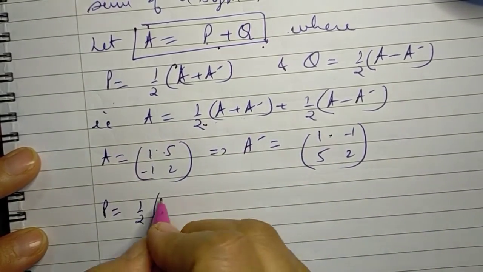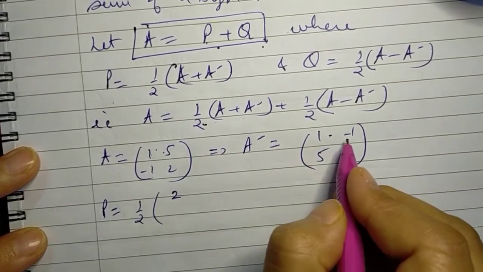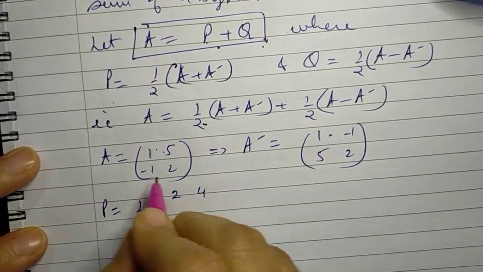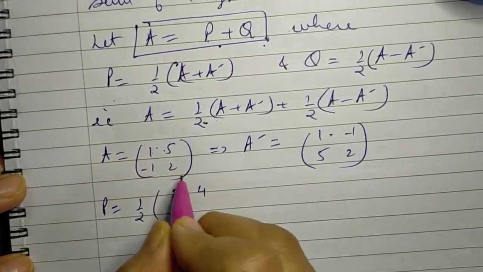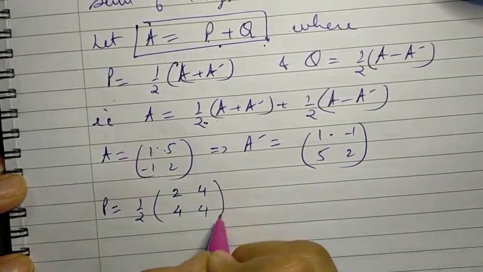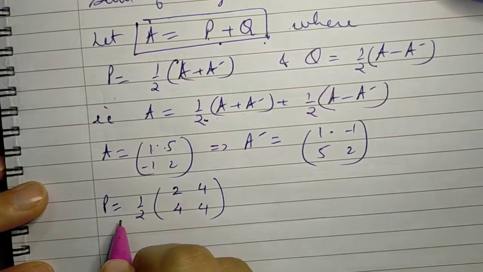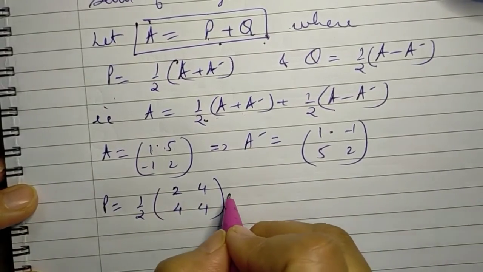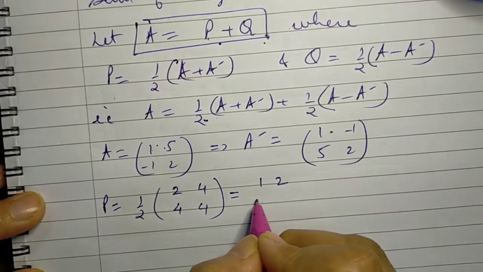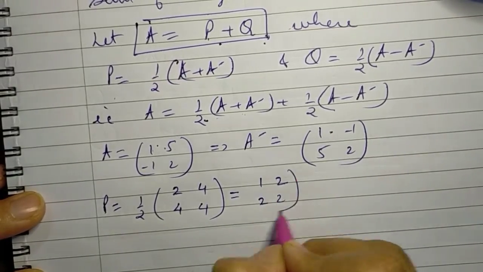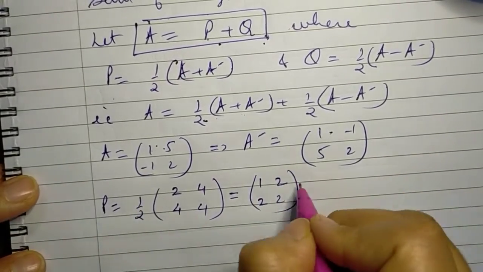What do we get? 1 plus 1 is 2, 5 plus minus 1 is 4, minus 1 plus 5 is 4, 2 plus 2 is 4. So we have got P as this, which can be written as 1 2 2 2, taking the half inside.